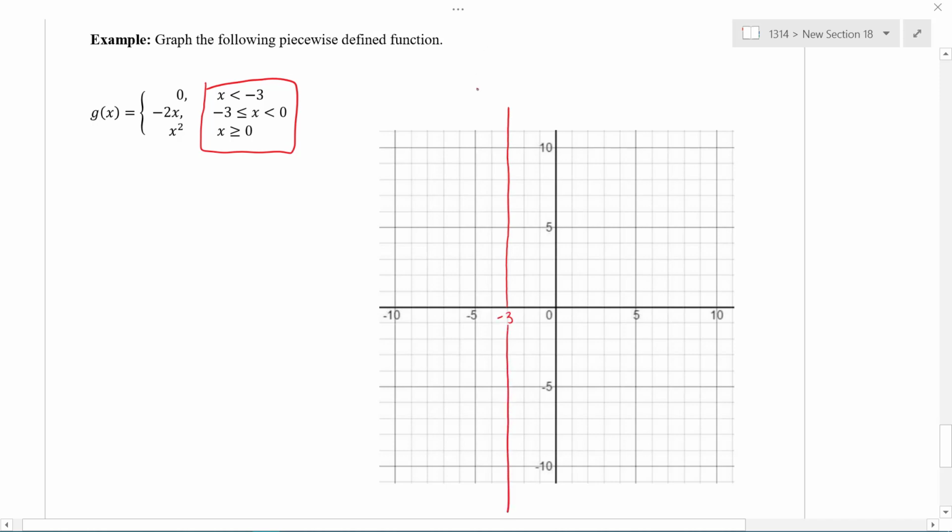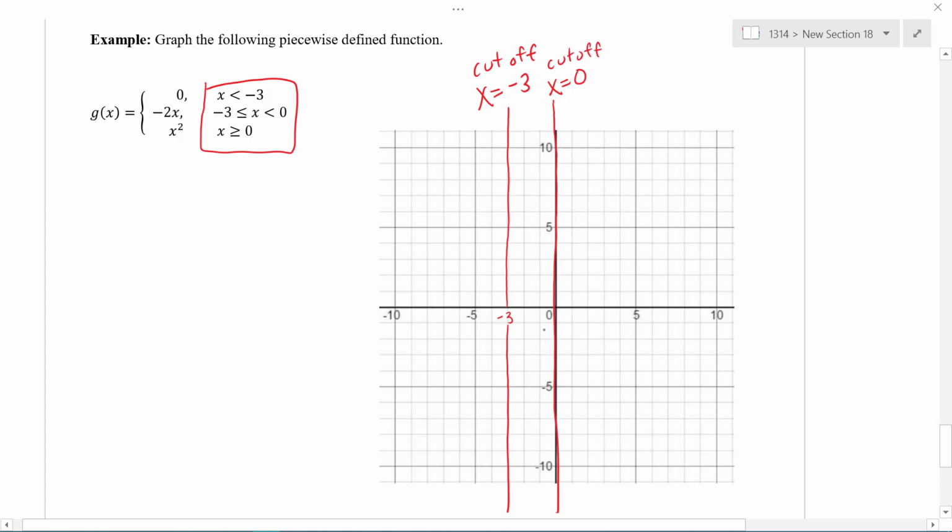So there's one of the cutoff x values. But we also see that 0 is mentioned. So 0 is another cutoff x value. Okay, we're going to draw a vertical line for every number that we see included in those inequality restrictions. So we actually have 2 cutoff values.